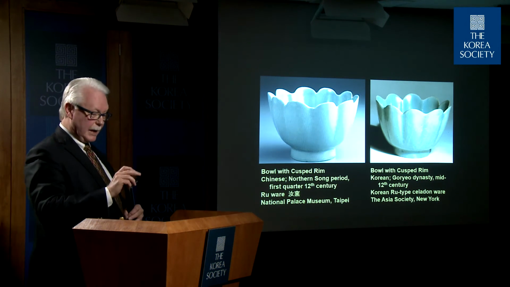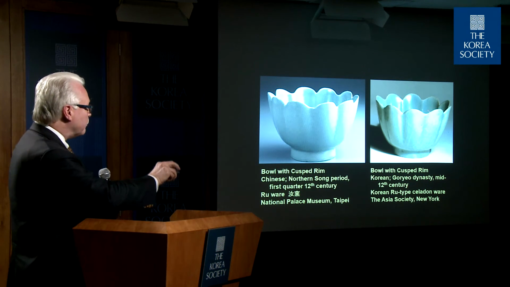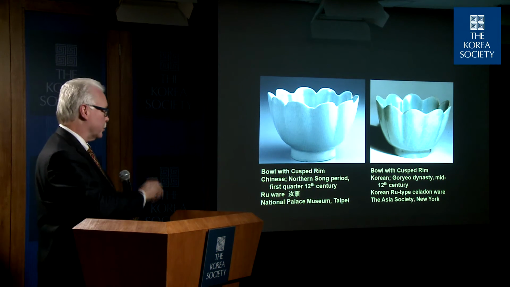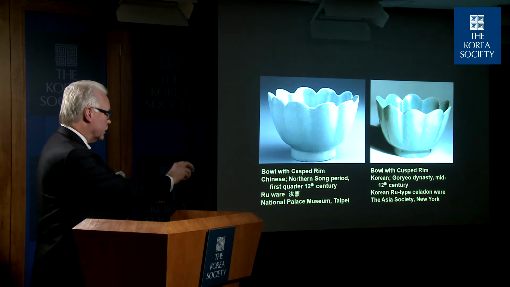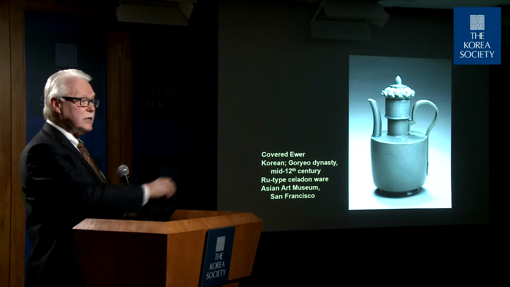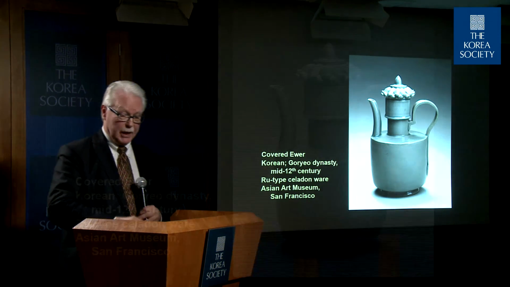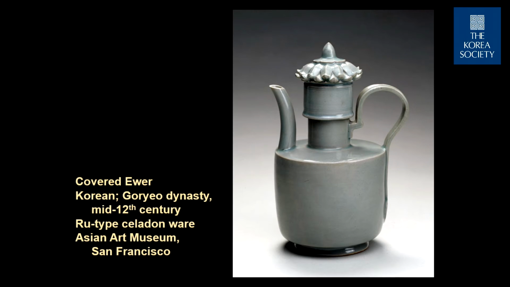Korea assisted as best they can. North China still fell. That was that. But that probably explains that kind of close relationship between the Koreans, celadons in Ru style. Or ones like this with a very square shape. One of the most famous pieces in the Asian Art Museum of San Francisco comes right out of the Ru tradition.